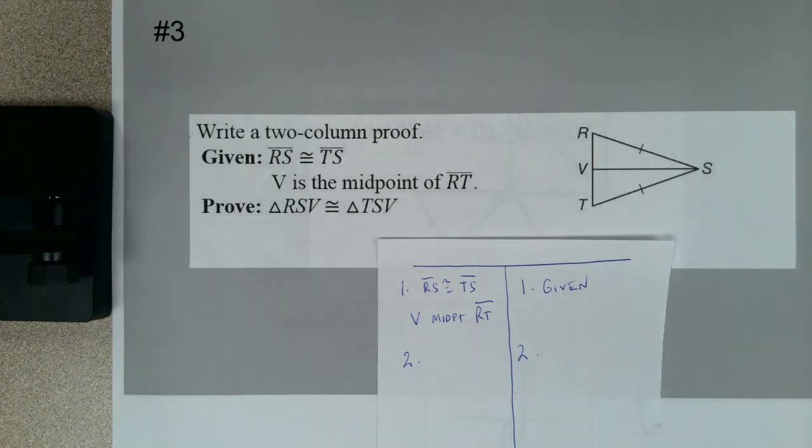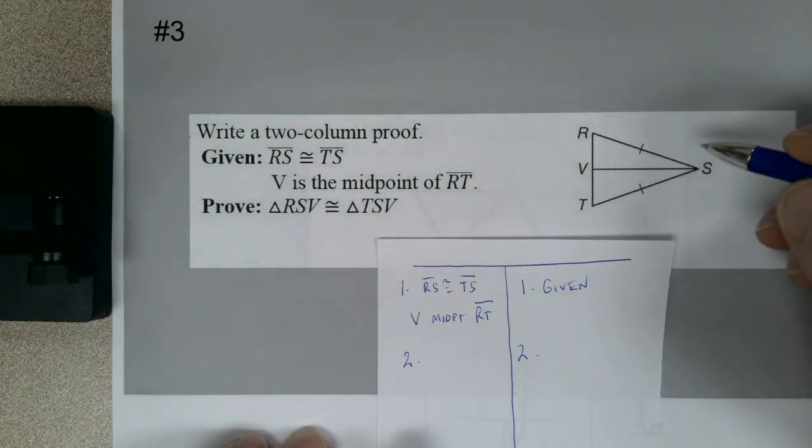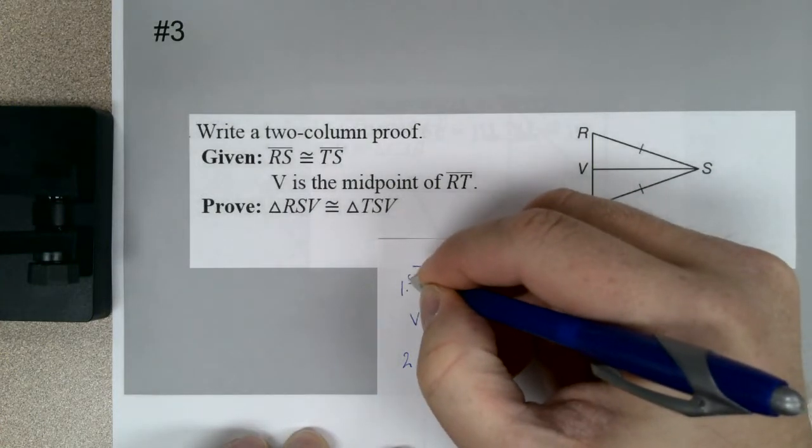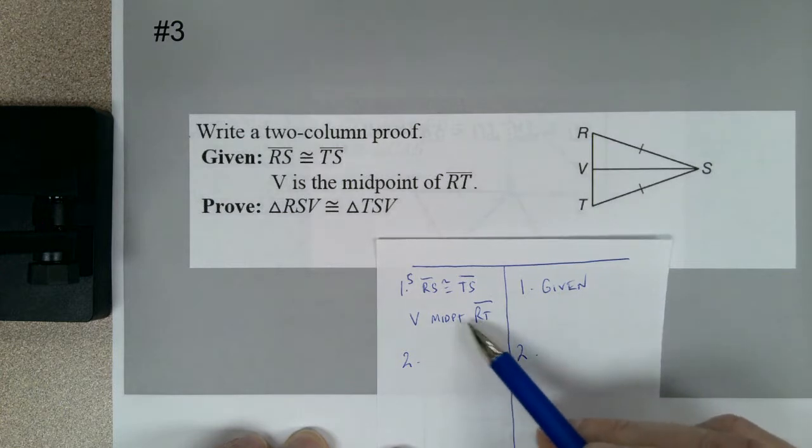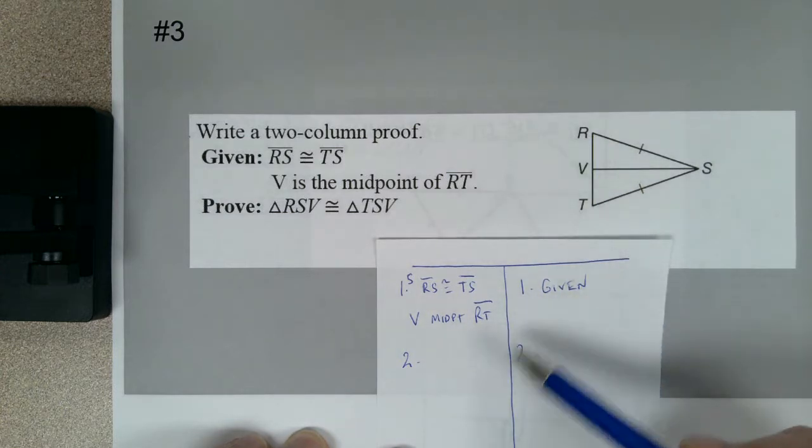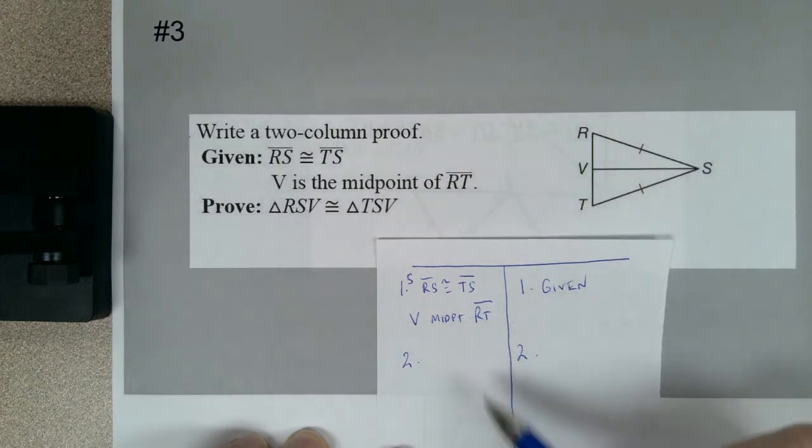Okay, let's go ahead and see if we can fill this one in. So we've got RS is congruent to TS. Again, that's marked on my picture, so that gives me one pair of sides. We've got V as the midpoint of RT. Can somebody tell us what we can conclude from that? Either type into the chat.